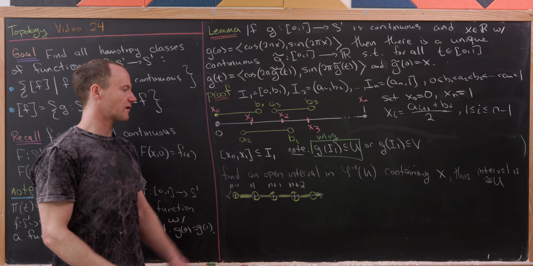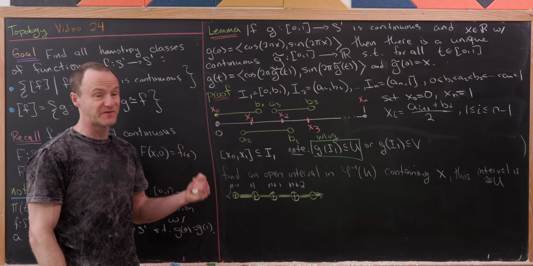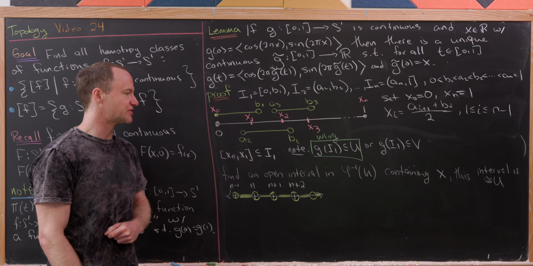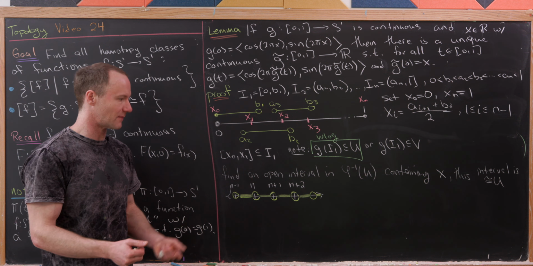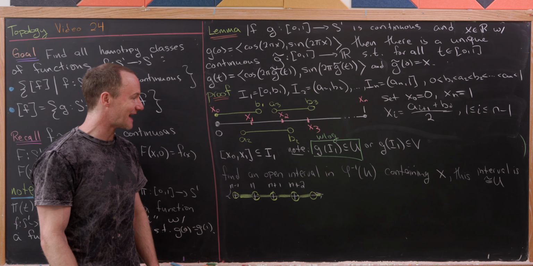Okay, so like I said, we're finding an open interval in the preimage of U under phi containing x. And so let's recall what the preimage of U under phi looks like. It was this picture right here, essentially R minus Z. And now, how do we know that we can find one that contains x?